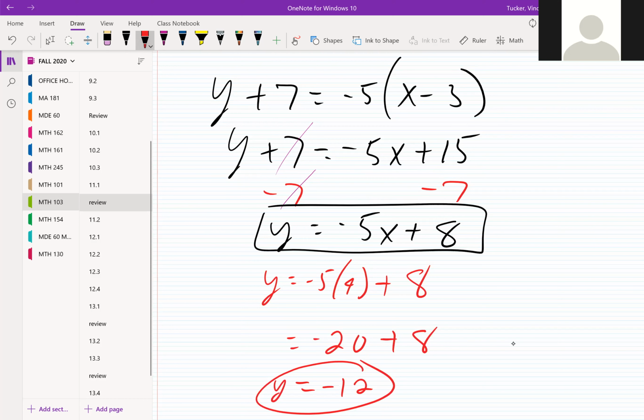And then 4 plus 8. Oh, that's a negative. Negative 5, and that's negative 20 plus 8, and that equals negative 12.